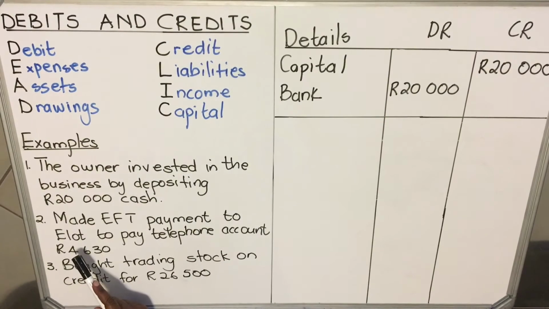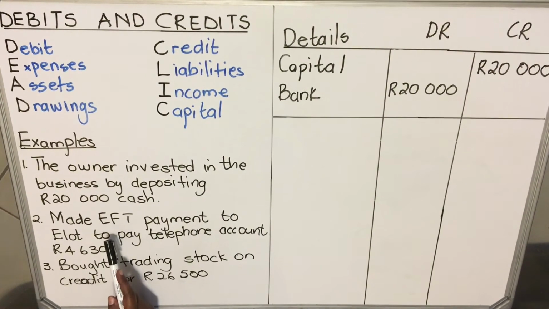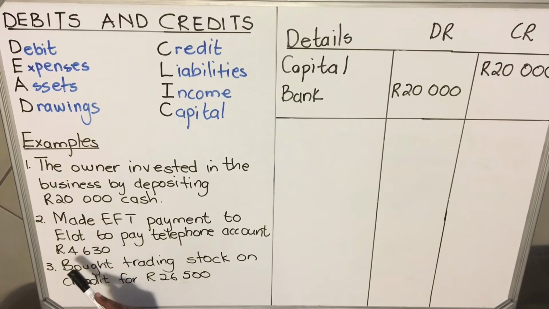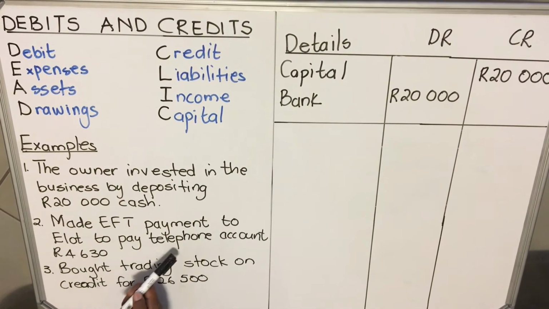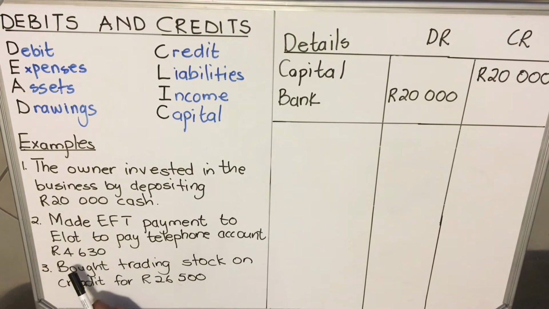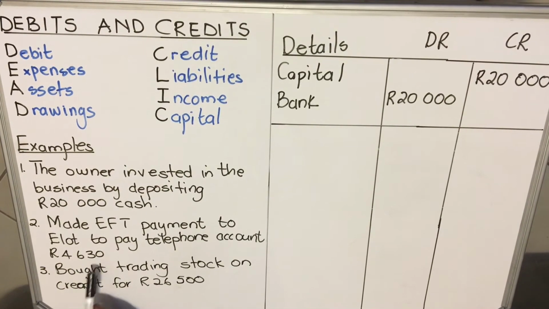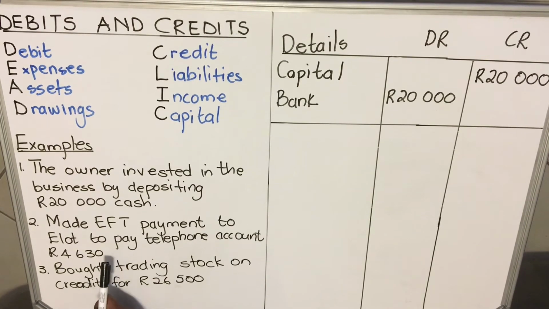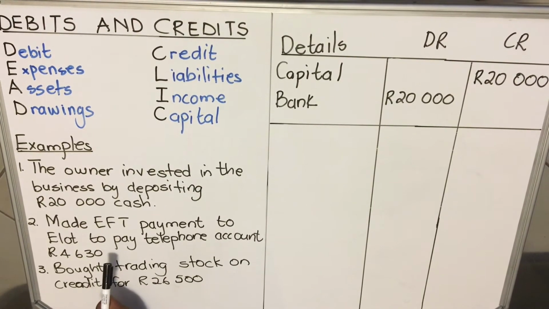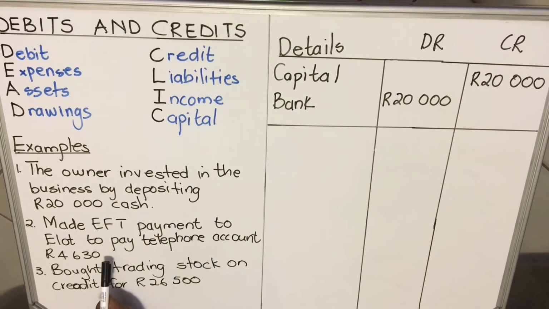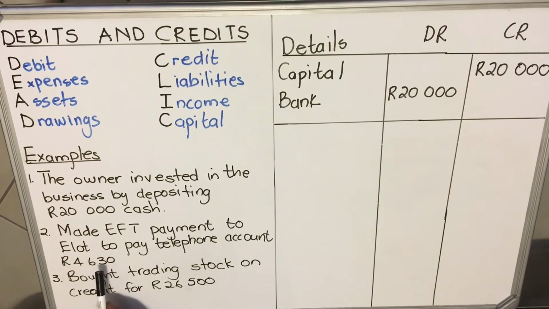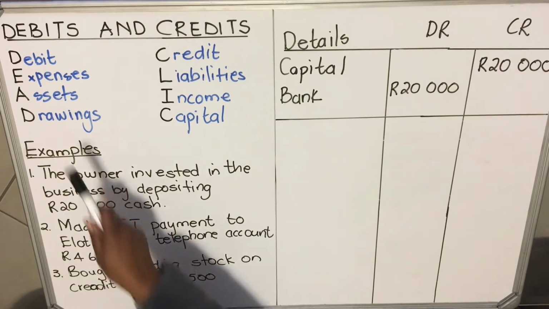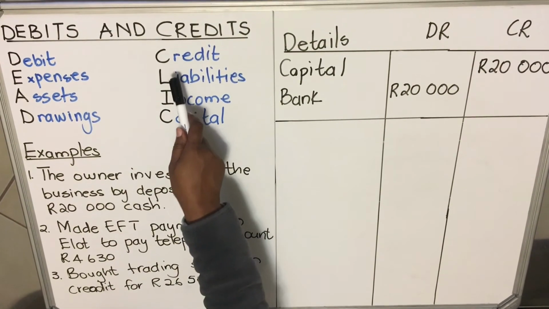The second example: made EFT, which stands for electronic funds transfer, meaning that you pay electronically, payment to Elliot to pay the telephone account, 4,630. Because he is paying the account, what will happen to the bank? The money in the bank will decrease because it will go to Elliot. Is the bank in the debit or in the CLIC?